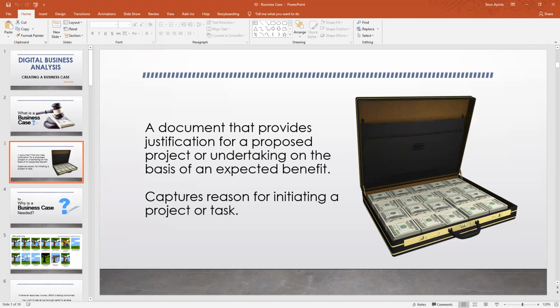Your document is, at this particular point, trying to bring forth strong reasons for the organization to release funds or resources, because we do live in a society that has made resources limited, even though there's a lot of abundance in the world.